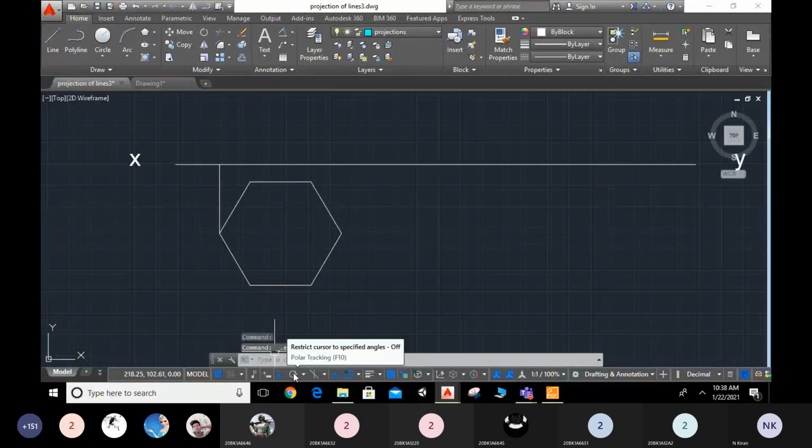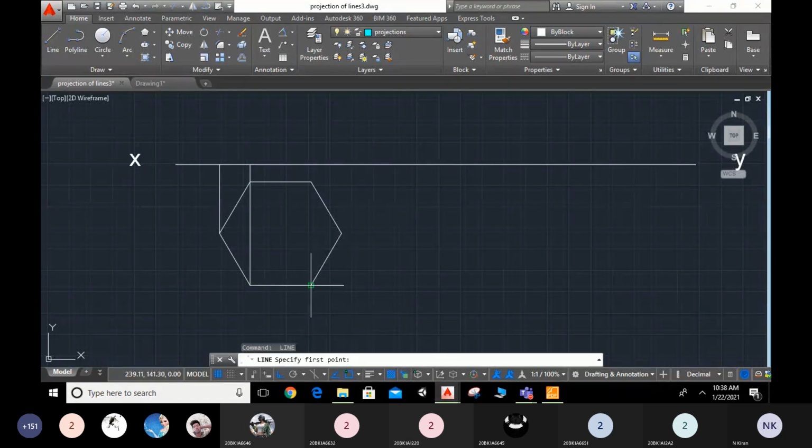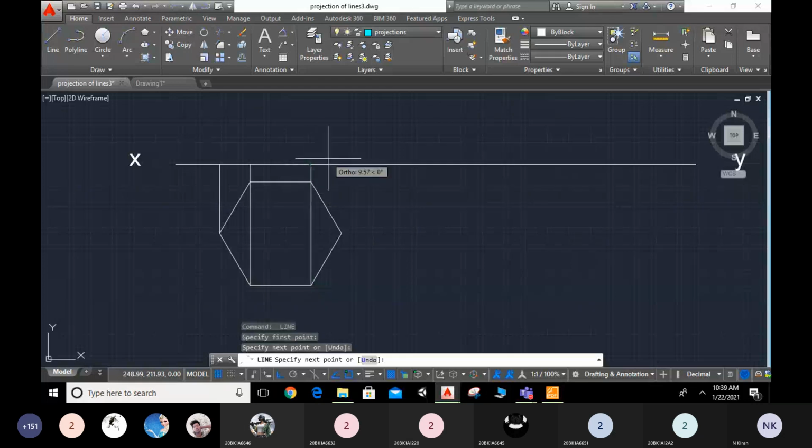Now I will select a line, enter, and it should pass through this one as well as this one. Escape. Now space, enter, with this point and here. Escape, and again space, this one and this one. Up to here is clear. We have projected up to the lines.